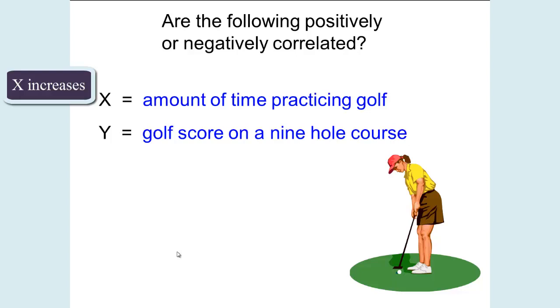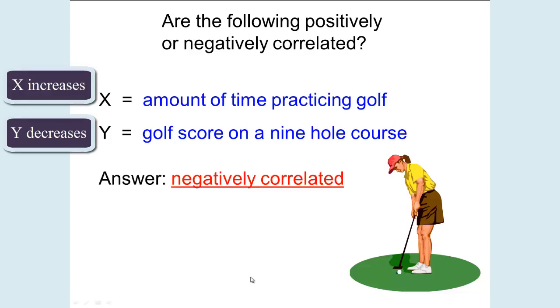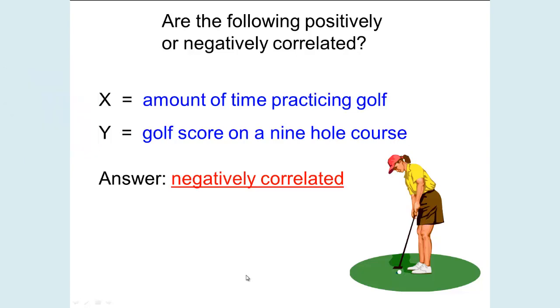Since golf scores are the number of strokes, it should decrease. The more time you practice, the lower your golf score should be. So as X increases, Y should decrease. So this should be negatively correlated. This was a trick question.